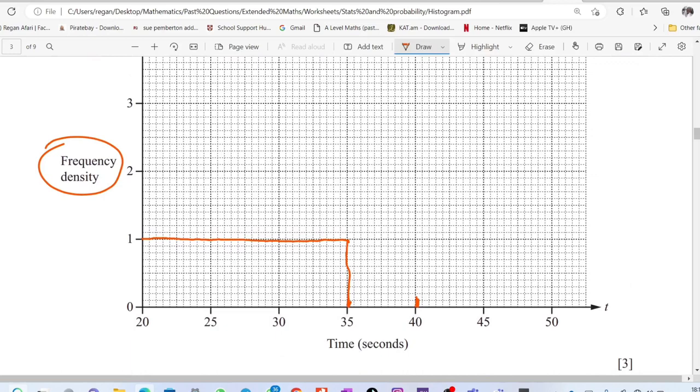There's a skill that you need to know. Check this. You have 10 boxes, 1, 2, 3, 4, 5, 6, 7, 8, 9, 10. 10 boxes is giving you a value of 1. Therefore, 1 box is just 1 over 10, telling you 0.1. So now that you know the value of 1 tiny box, you can really do accurate sketches here.